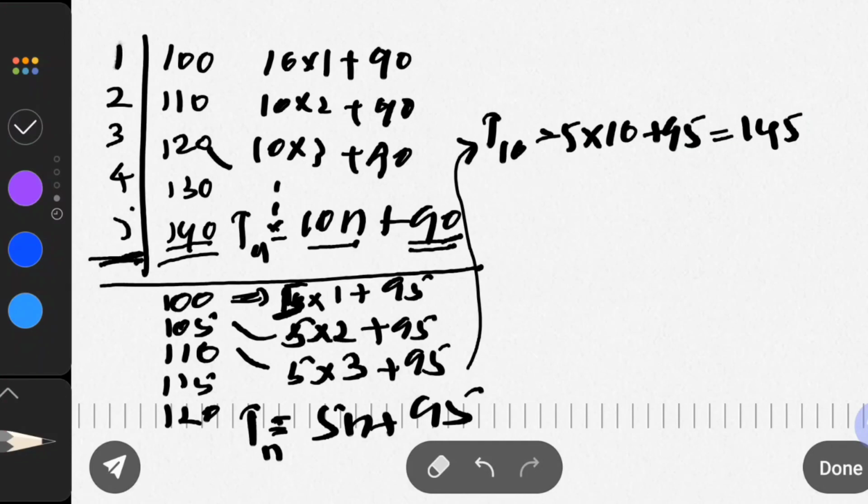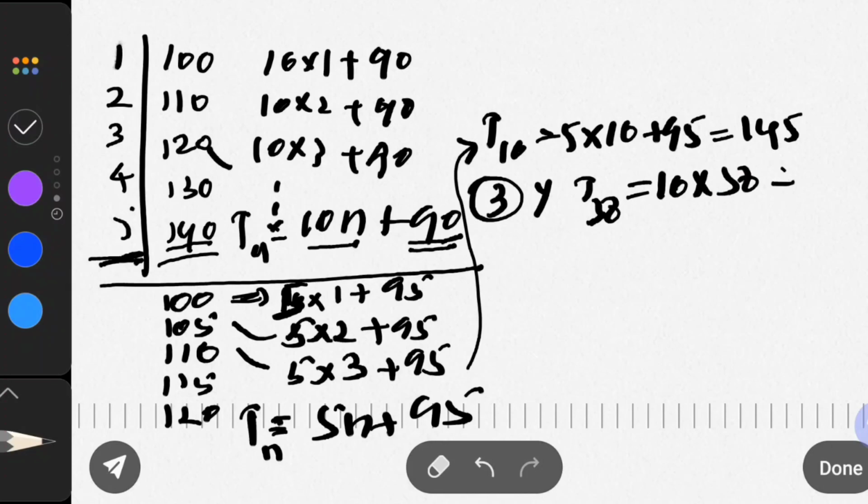The third question is about the difference of their savings in 50 weeks. Let's find it for Yasmi. T50 will be 10 times 50 plus 90, because we are using this term. 10 times 50 is 500, plus 90 is 590. So she will have 590 rupees by 50 weeks.